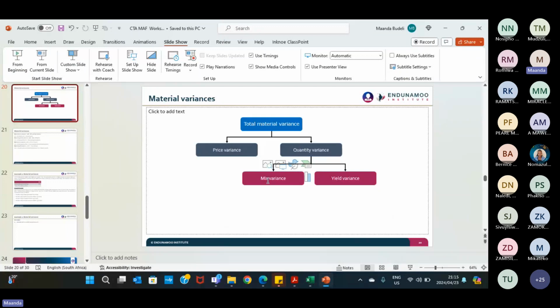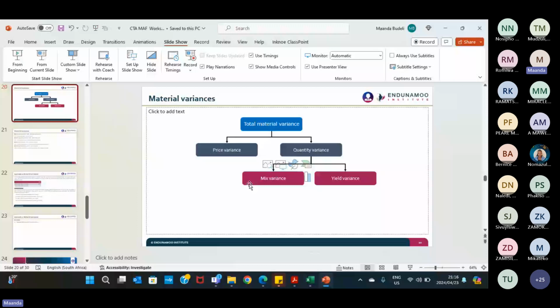Okay, yes. Then we say, okay, these are the extension. So when we add this, we need to go back to the quantity because we're just going deeper into the quantity. Then let's start with our mix. So what is our mix? In the standard setting, I know that on a normal basis, when I do 1 unit of this product, I mix product A and I mix product B. So that's my standard mix.